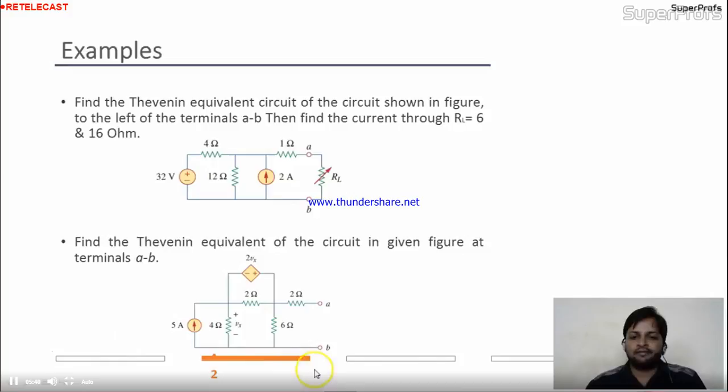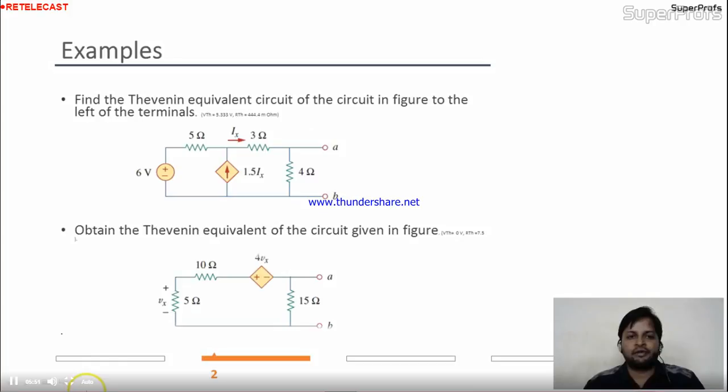Last time we did this problem, right? And we did this. These are the two examples I have covered on the Thevenin theorem. Now friends, I'm taking another question, and it says, find the Thevenin equivalent circuit of the circuit in the figure to the left of the terminal.